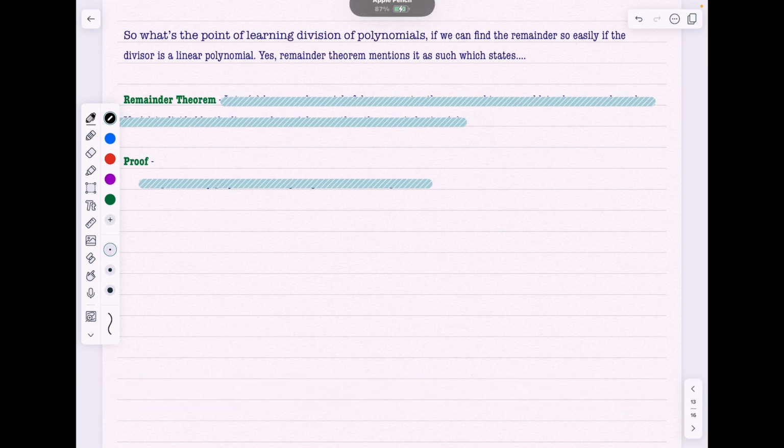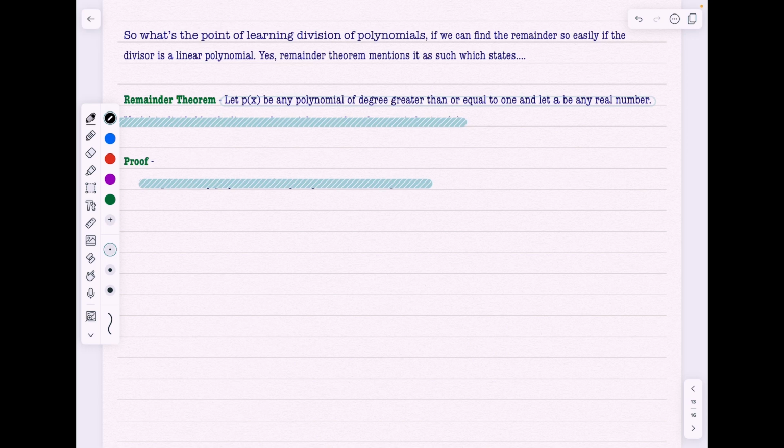Everything I have taught you, I have not told anything about the remainder theorem till now. So what is the remainder theorem? Okay, see, remainder theorem: let p(x) be any polynomial of degree greater than or equal to 1, and let a be any real number.